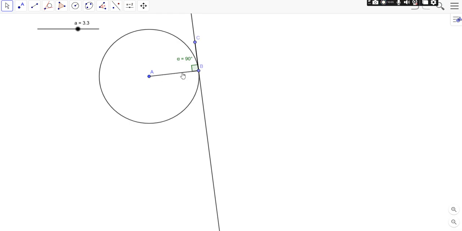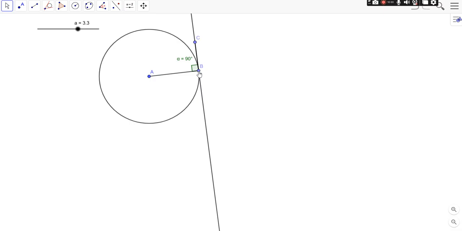This line segment AB, from the point of contact to the center, is known as the radius. So what we have observed is that the tangent at any point of a circle is perpendicular to the radius through the point of contact. So this is our another property.